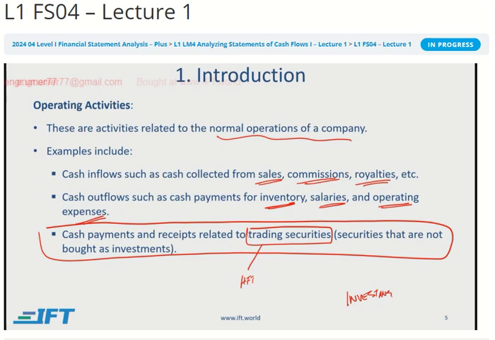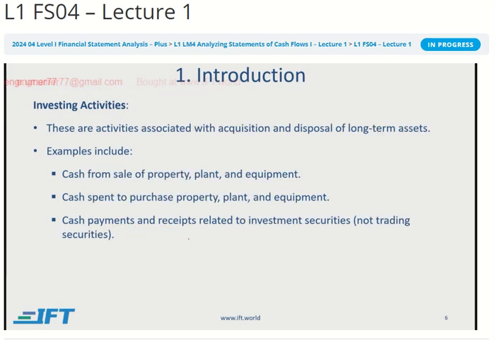But if they are short-term investments, and you are a trading company like a hedge fund, for which the core operation is buying and selling these securities, and they are classified as held for trading, then the cash flow from their buying and selling is going to be shown under operating activities.